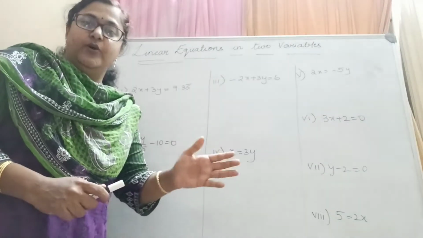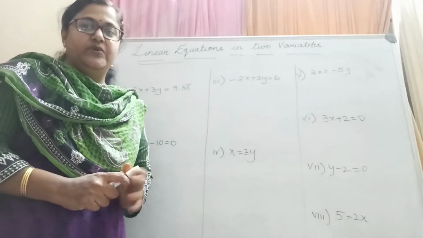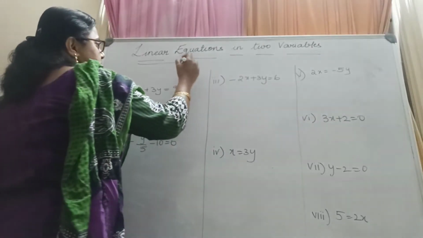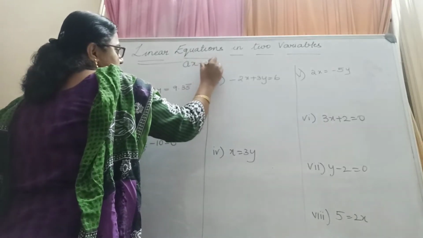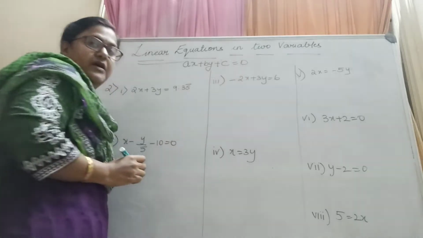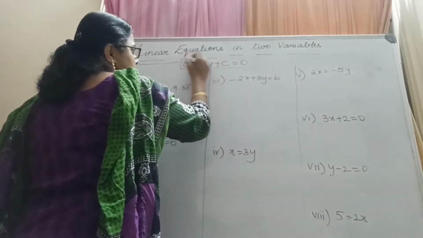Now that you have learned what is a linear equation in two variables, we will just see the general form of a linear equation in two variables. That is ax plus by plus c is equal to 0. This is the general form of the linear equation in two variables.